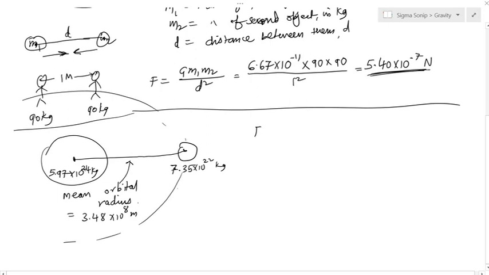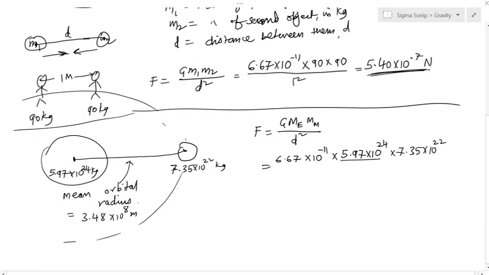So the force of gravitation between Earth and Moon will be: this is the mass of Earth, this is the mass of Moon, and this is the orbital radius. So 6.67 times 10 to the minus 11, times 5.97 times 10 to the power 24, times 7.35 times 10 to the power 22, divided by d squared, so 3.48 times 10 to the power 8 squared.